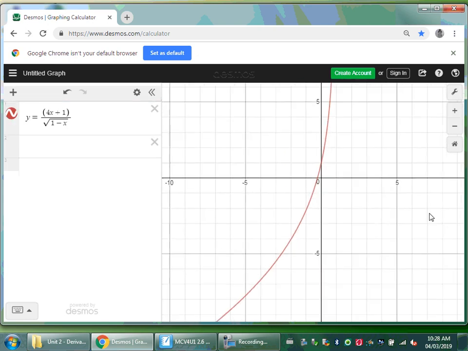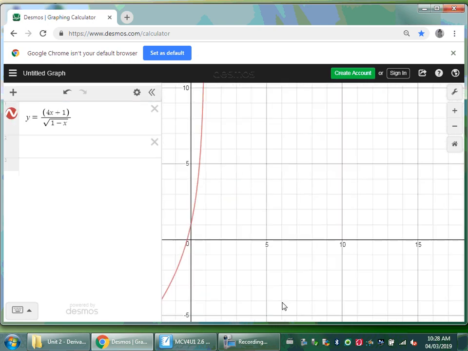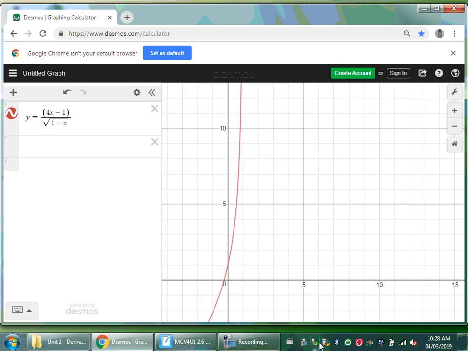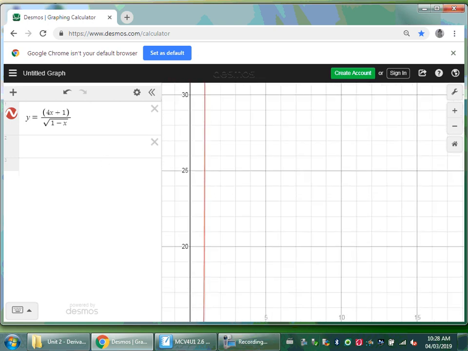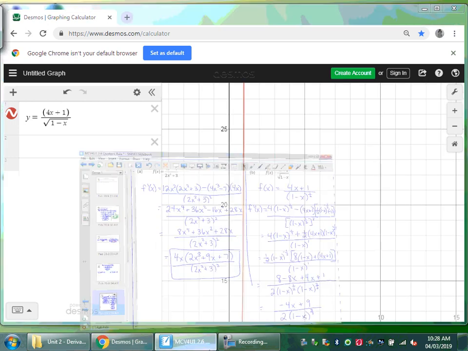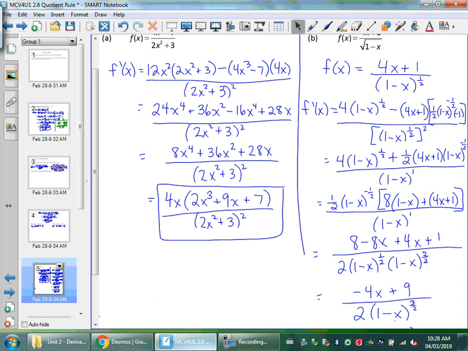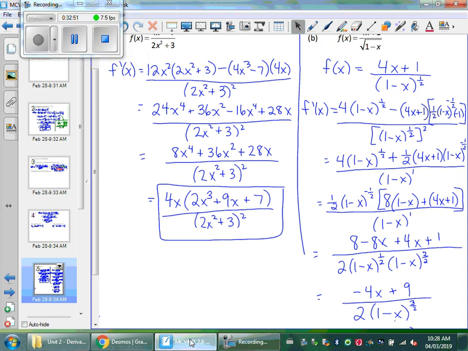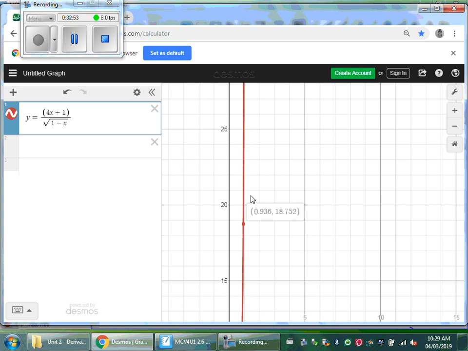Okay, so was that it, guys? 4x plus 1 over square root of 1 minus x. So it's saying 9/4 should be, what's happening at 9/4?